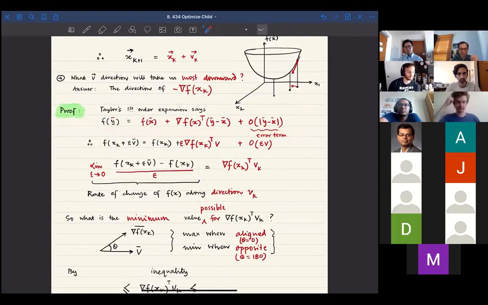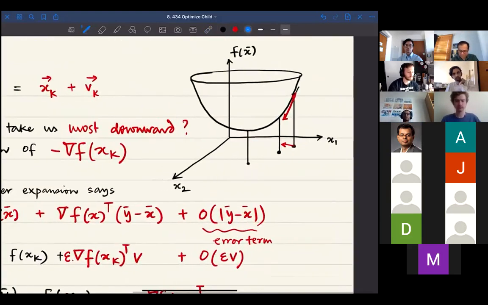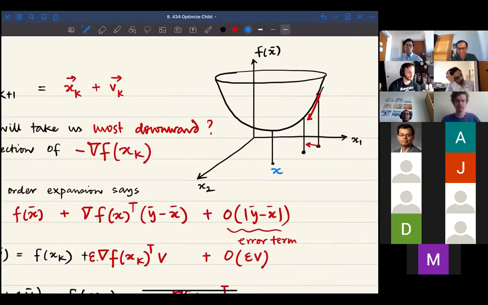And we said that, look, if I'm standing at x, we started with a basic definition of f(x). Then we said, instead of y, which is some random point in that domain of x, I'm going to make that y = x_k plus epsilon v. So let me use blue. Let's say this is x.